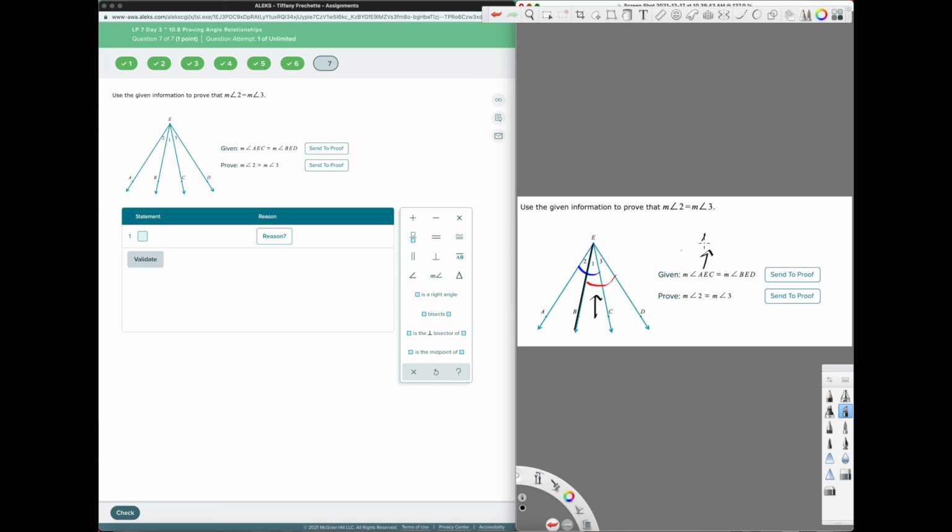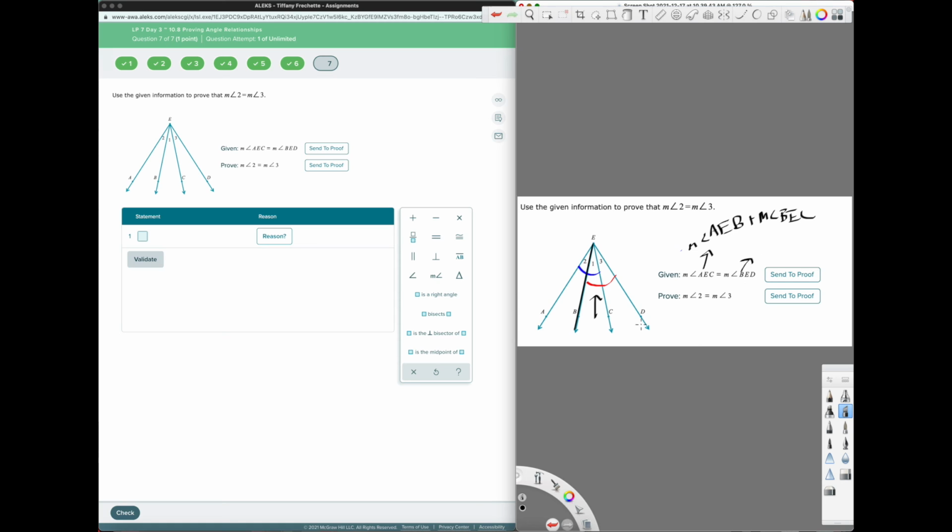The measure of angle AEB plus the measure of angle BEC. This is angle addition. AEC means the same thing as adding these two together. So I can definitely use that to break it up. Can I do the same thing with BED? Of course, because it has two pieces here.